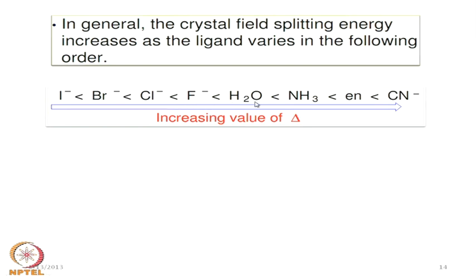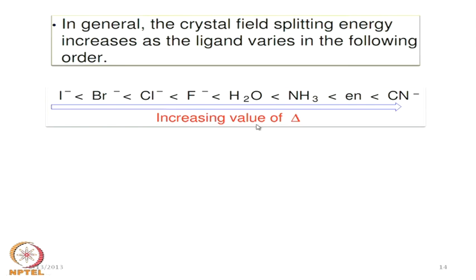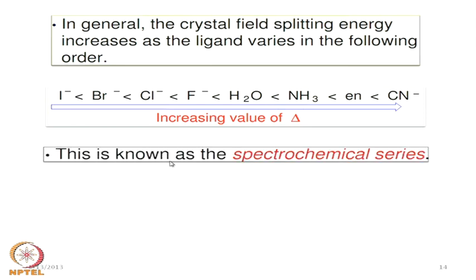So, if we have 8 ligands, and all of them are interacting with, say, nickel 2 plus, we can get the typical ordering of increasing delta for all these 8 ligands around nickel 2 plus. This particular part is not the full one, we will come back to this series again.